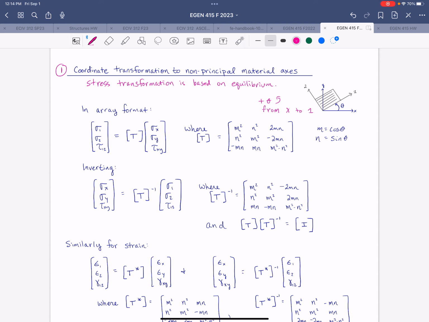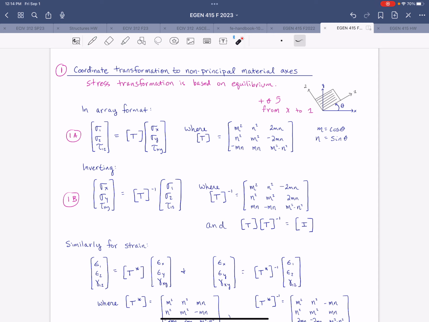So this first matrix equation, I'm going to call 1A, because it relates the stresses in the material principal axes to the stresses in the x, y directions. And then if we rearrange that equation, we have the reverse path. I'm going to call that one 1B.